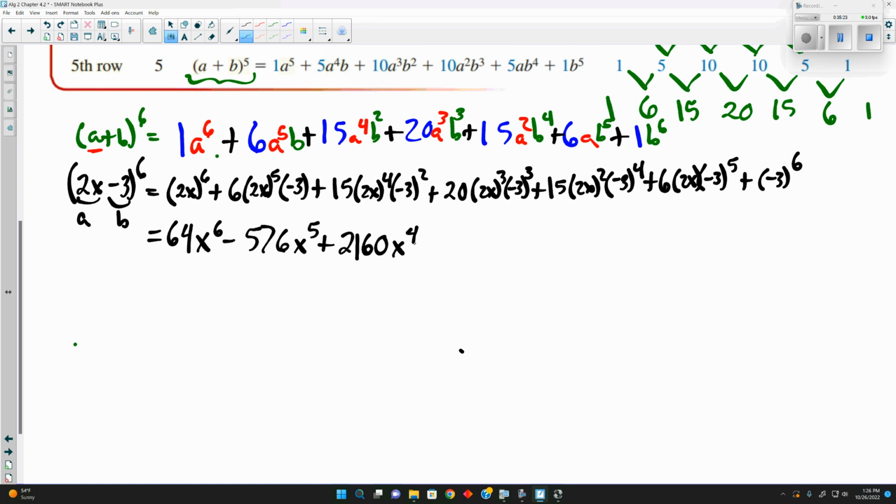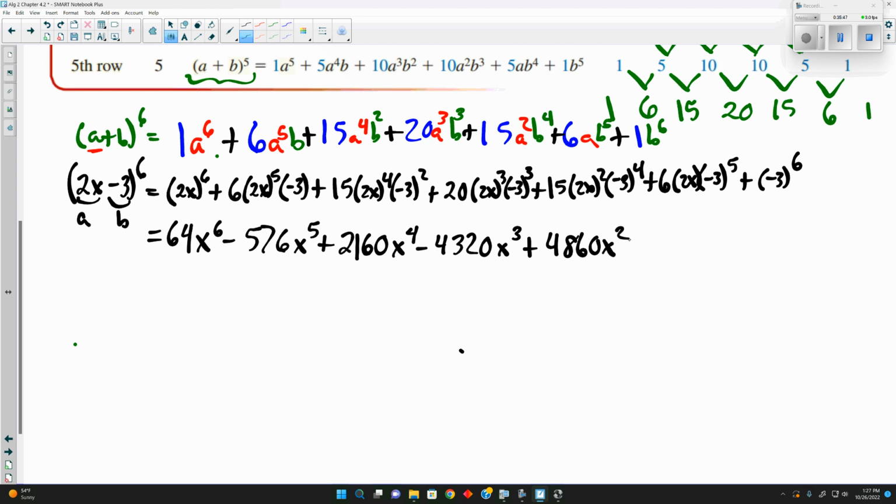Now the next one, we would have 20 times 8 times negative 27, which is negative 4,320x cubed. The next one is going to be 15 times 4 times 81, which is going to be plus 4,860x squared.